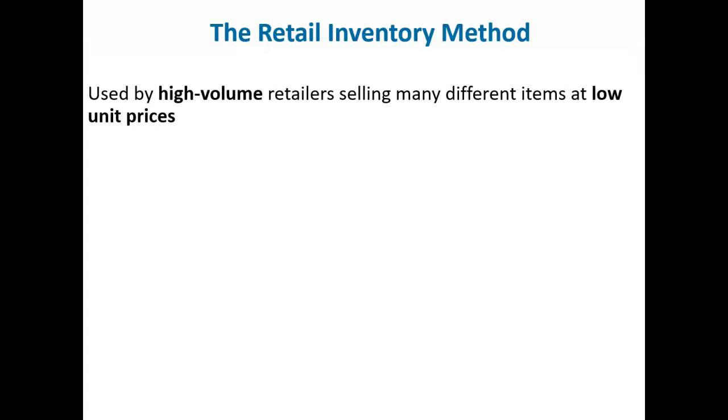However, high-volume retailers selling many different items at low unit prices find the retail method ideal. Its principal benefit is that a physical count of inventory is not required to estimate ending inventory and cost of goods sold.